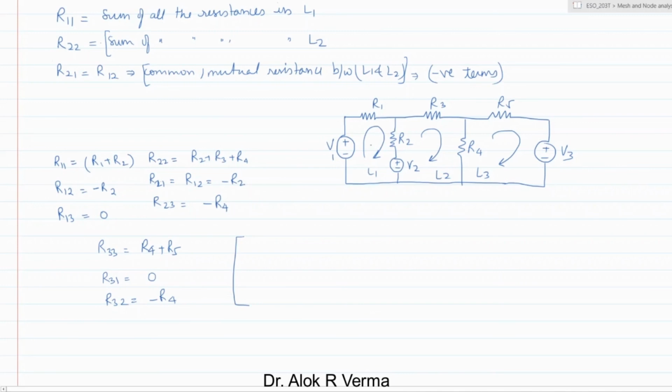So if these currents are assumed to be I1, I2, I3, we can write this equation with the rows: R1 plus R2, minus R2, 0; then minus R2, R2 plus R3 plus R4, and R23 is minus R4; then 0, minus R4, and R33 is R4 plus R5.